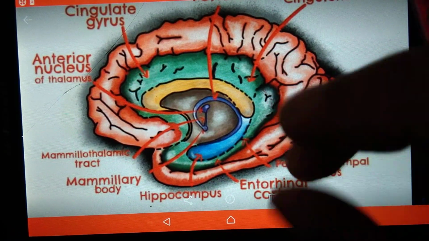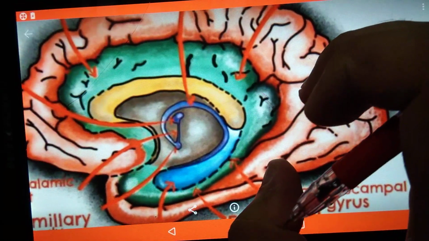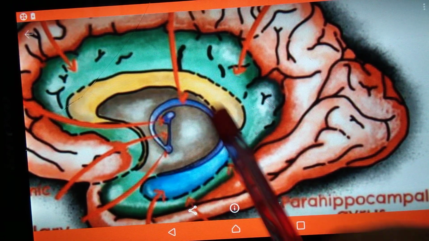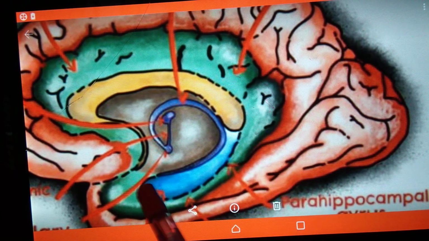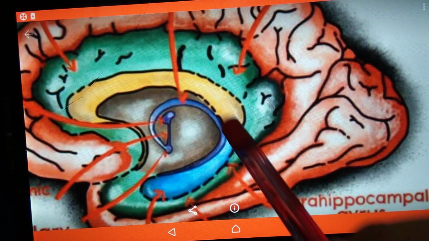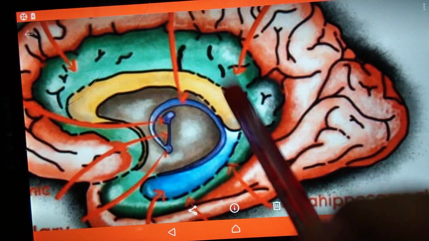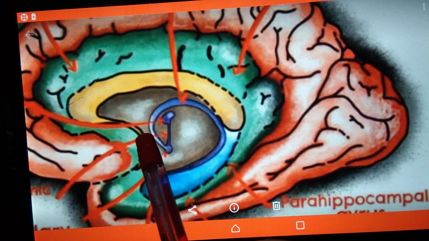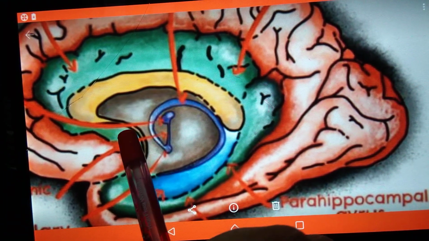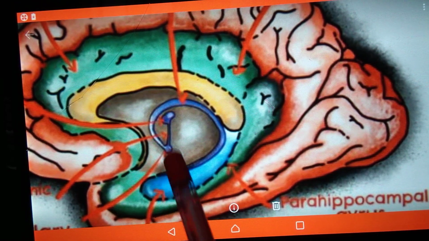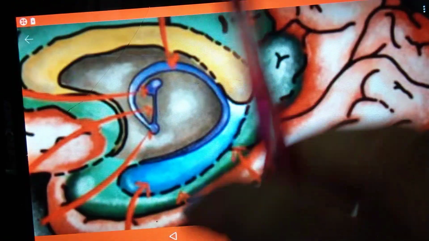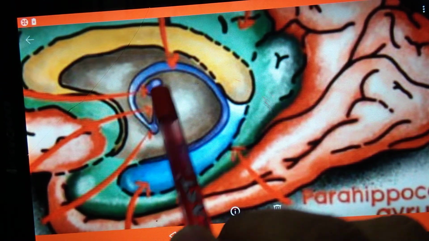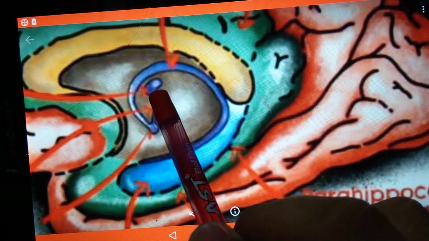And then what is this one? This is nothing but the fornix, which is arising from the hippocampus and running below the corpus callosum, and then turns anterior and backward to reach the mammillary body, the mammillary body of hypothalamus. And then what is this? This is the anterior thalamic nuclei.